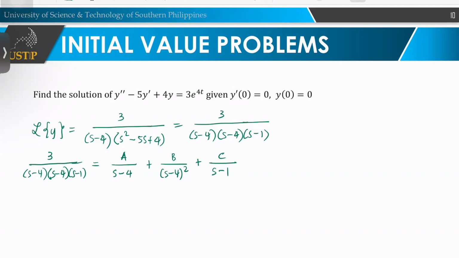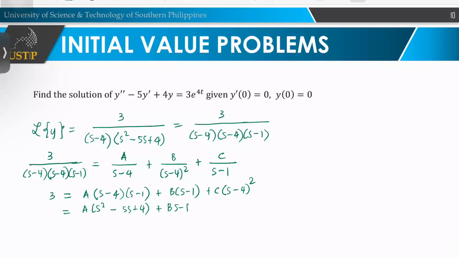All right, so solving for A, B, and C, we have 3 is equal to A multiplied by s minus 4, s minus 1, plus B, s minus 1, plus C, s minus 4 squared. Okay, that is equal to A, ato lang na-expand gamay, s squared minus 5s plus 4, plus Bs minus B, plus C, s squared minus 8s plus 16.